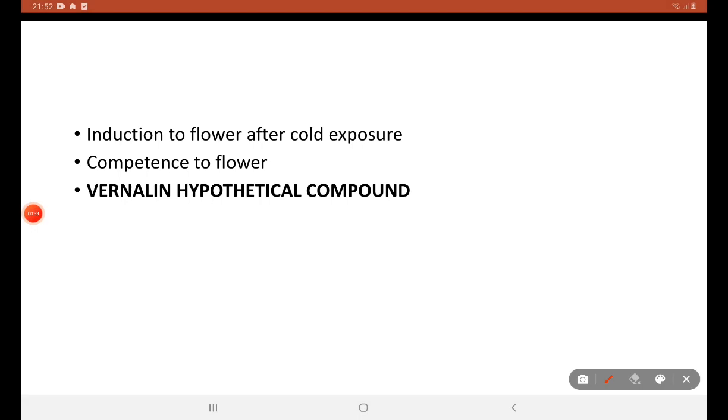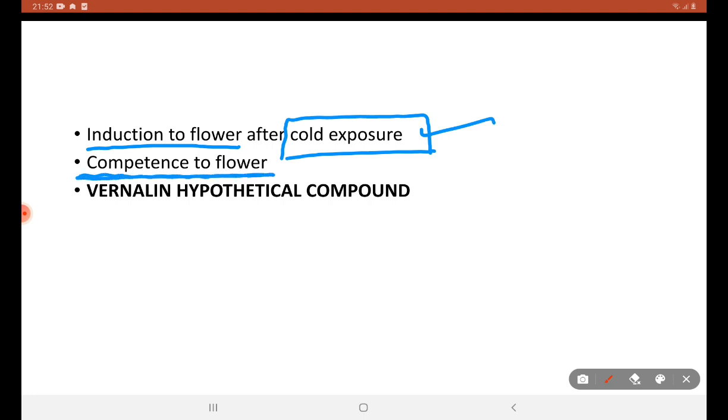First, we will understand what is vernalization. Vernalization is a process in which a plant is induced to flower after an intense cold exposure. After this exposure, the plant attains the ability to flower.